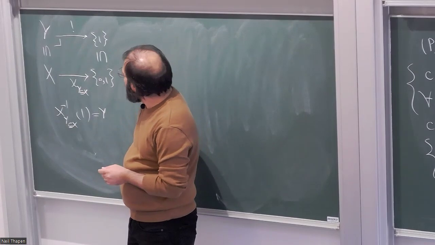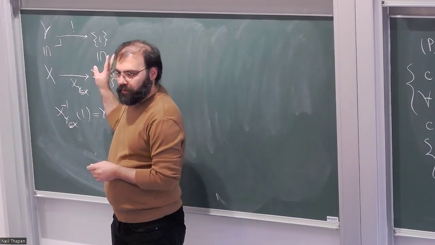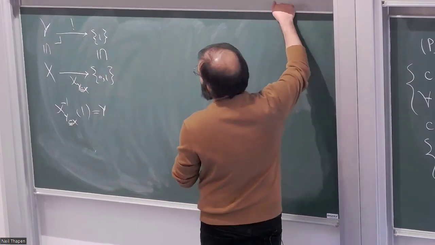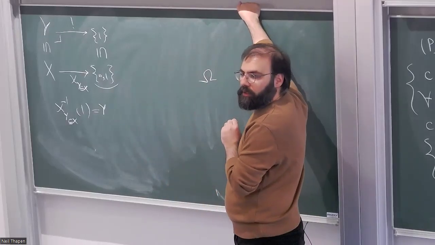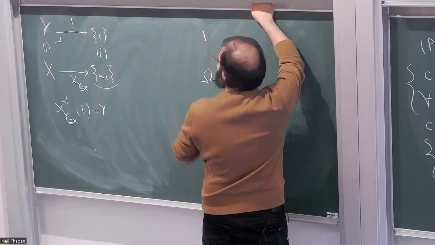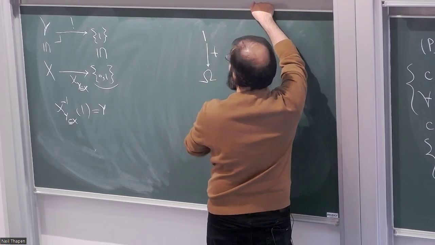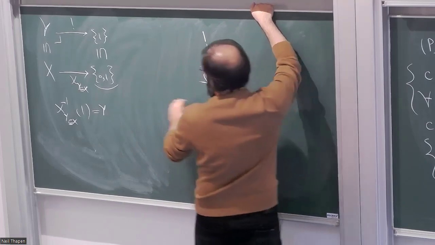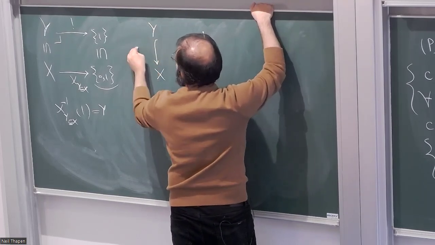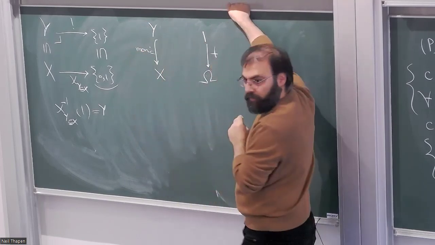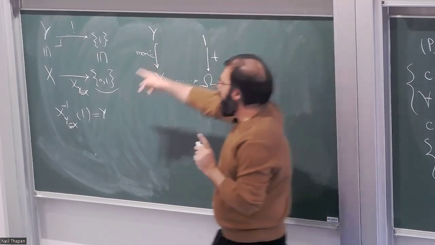Okay, so I can make it fully categorical like this. You say that you need some fixed object, let's call it omega, and one map from 1 to omega, let's call it t, such that for any sub-object, meaning for any monic, there exists a unique map, because of course the characteristic function is unique.